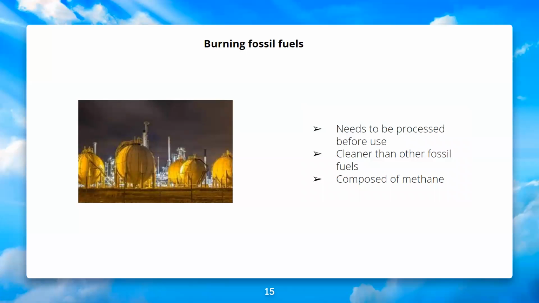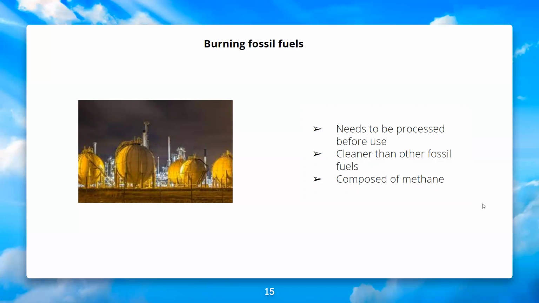Natural gas is also burned to generate energy that we later use in heating, cooking, and transportation. Natural gas is believed to be the cleanest of all fossil fuels, since it releases less air pollutants than coal and oil when processed through combustion.